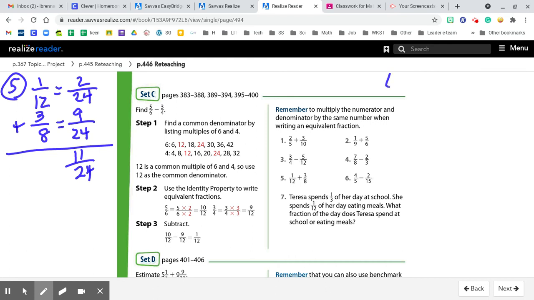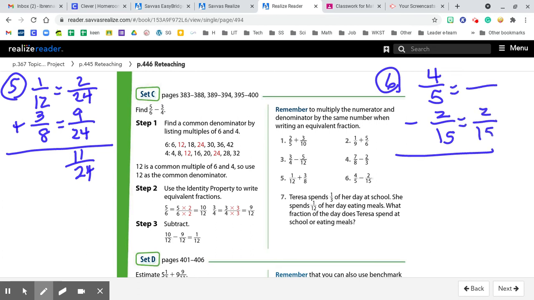And for number 6, 4/5 minus 2/15. 5 goes into 15, so I can leave the 2/15 alone. And I'll wind up with 10/15. And I can actually reduce that into lower terms to 2/3, but 10/15 would be fine.